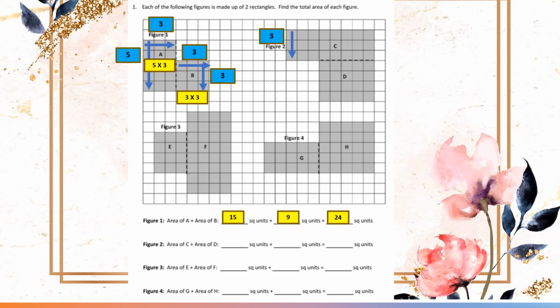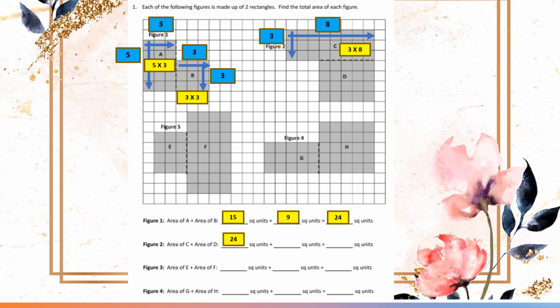Now let's figure out the width of rectangle C. 8, because it is 8 units wide. So the equation to figure out the area for C should be 3 times 8. What's 3 times 8? Right, 24.